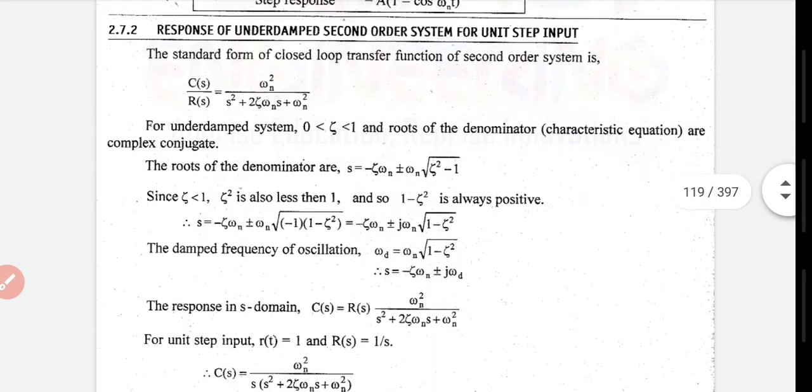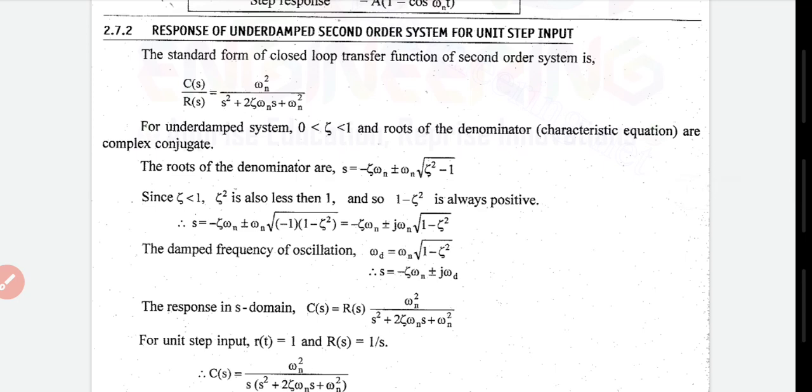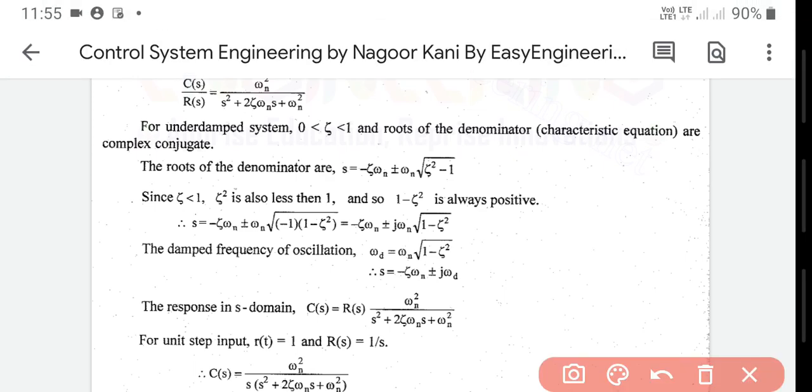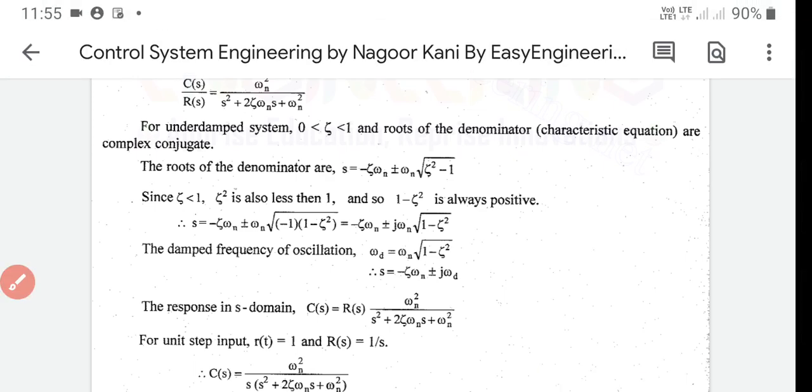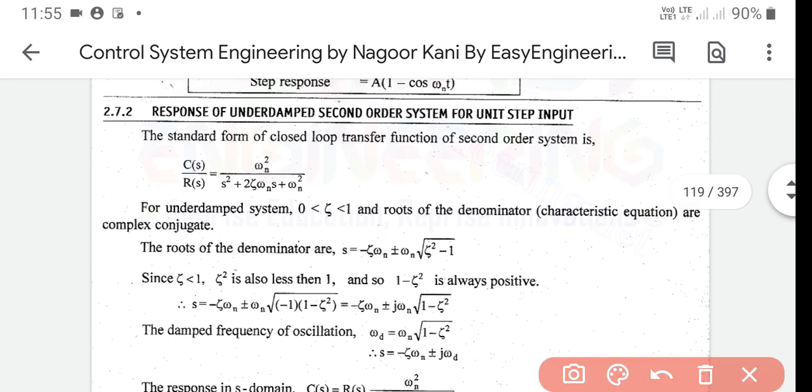In today's class, we are going to derive the next cases, that is, zeta value lying between 0 to 1, zeta equal to 1, and zeta greater than 1. In the previous class we discussed that if zeta value lies between 0 to 1, the system is an underdamped system.